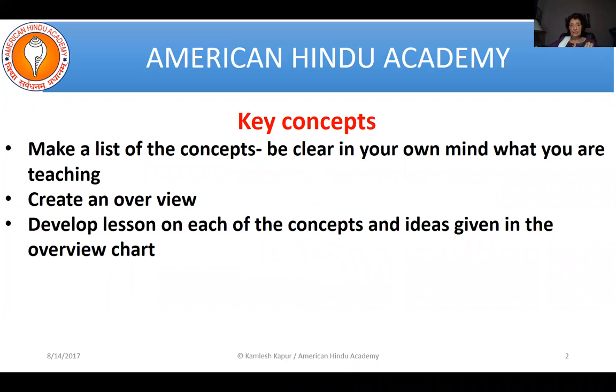each of the concepts. Once we start with an overview, it becomes very easy: today in this class we are going to do this, tomorrow in this class we are going to do this. So each follows. This is called sequential lesson modules. Sequential means that you do not start with a complex issue or a story.